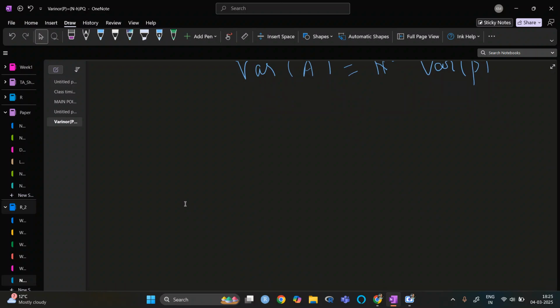For the proportion also it is the same. For example, on an average, let's say the time is 30 minutes, it is not exactly 30 minutes, it is 29 to 30.